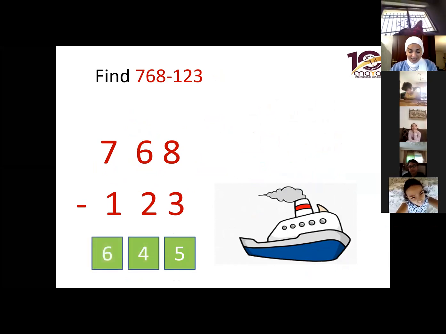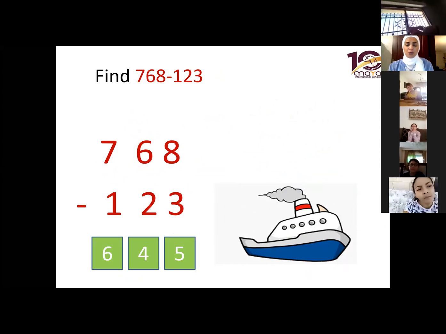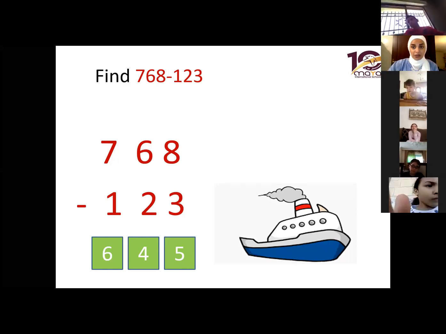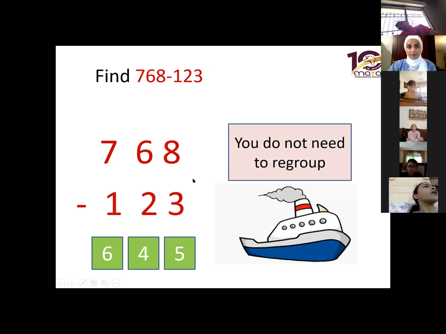This was very easy. Good job. Did you have to regroup? No, because the numbers at the top are all more than the numbers at the bottom. That's why. Thank you, Yusuf.